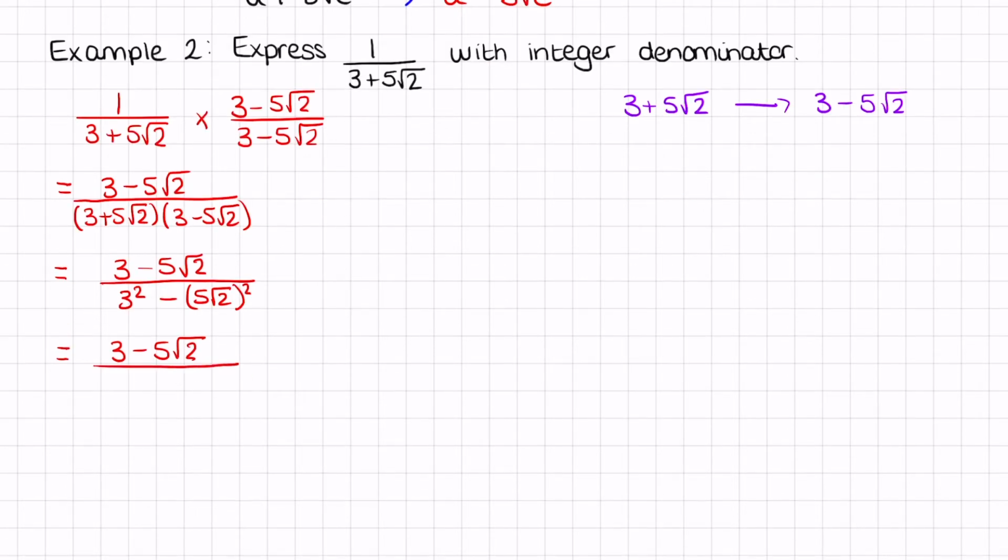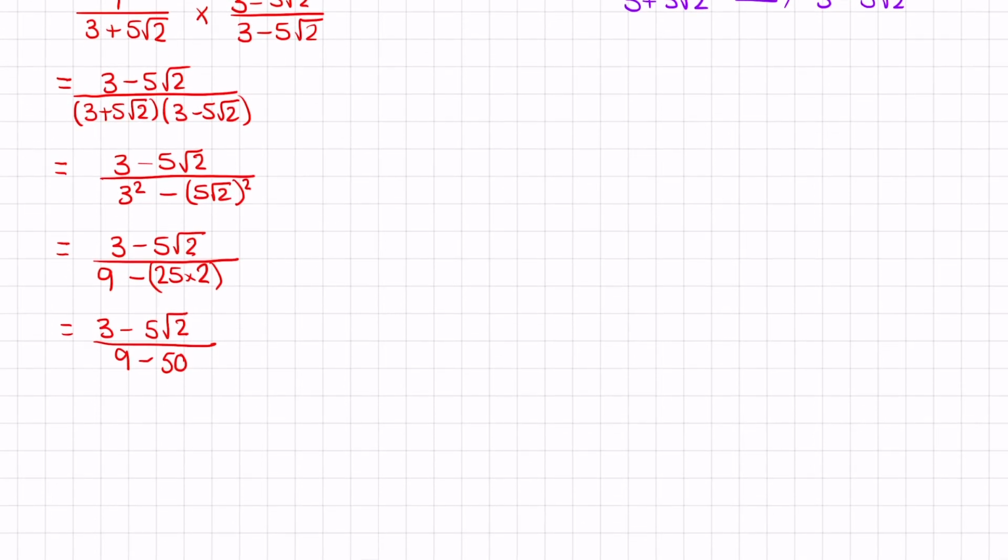And if we simplify that, we'll have 9 minus 5 squared is 25. Root 2 squared is just 2. So we have 25 times 2. 3 minus 5 root 2 over 9 minus 50. And so our final answer here, 3 minus 5 root 2 over negative 41.